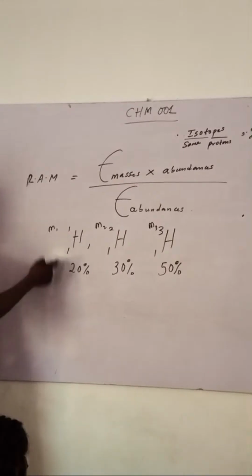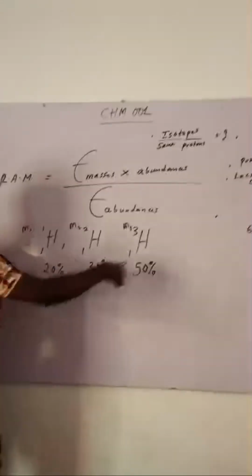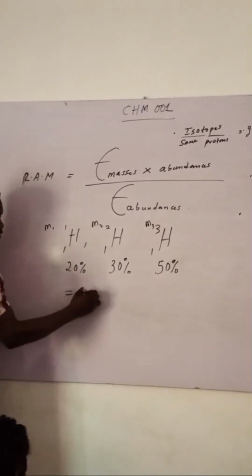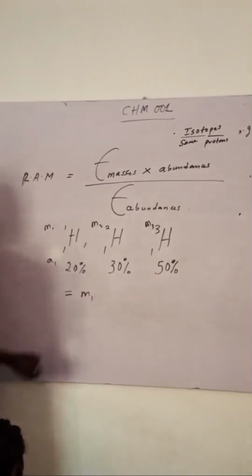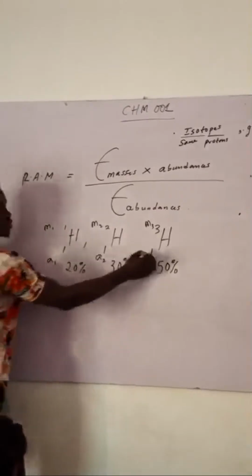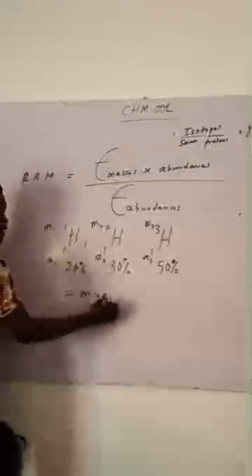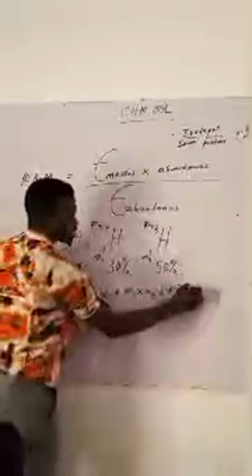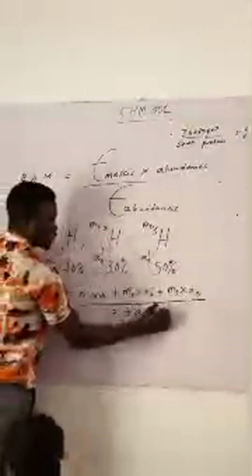If they ask me to calculate the relative atomic mass, I say the sum of the masses, M1, with the abundance represented as A1, then A2, A3. So it is M1 times A1 plus M2 times A2 plus M3 times A3, all over the sum of the abundances, A1 plus A2 plus A3.